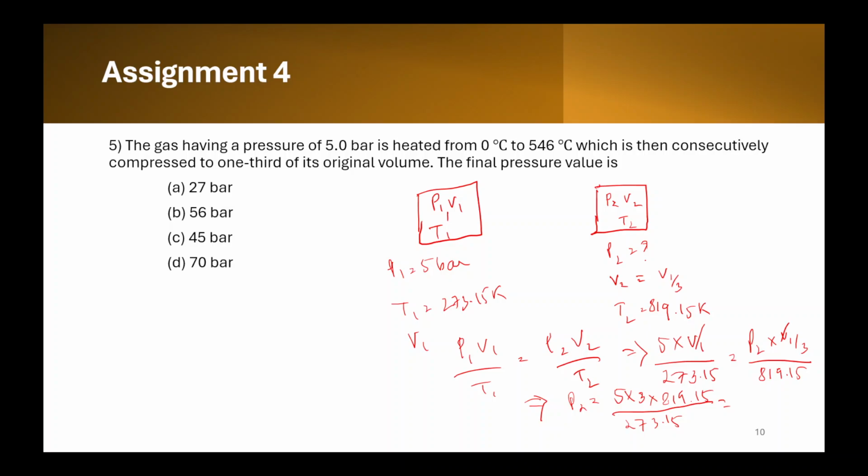It gives us roughly 44.98 bar. So roughly 45 bar, because the unit of pressure here was bar. So the correct answer here is option C.